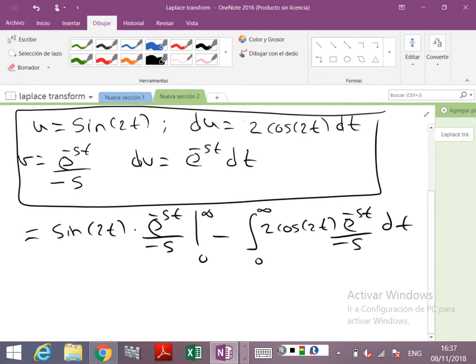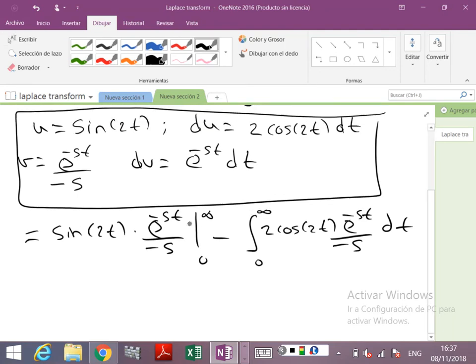Who is changing here? So this from 0 to infinity. So this limit is for t or for s? For t, right? So s is a constant. So what is this going to? So if I find when t goes to infinity, what is this limit going to?